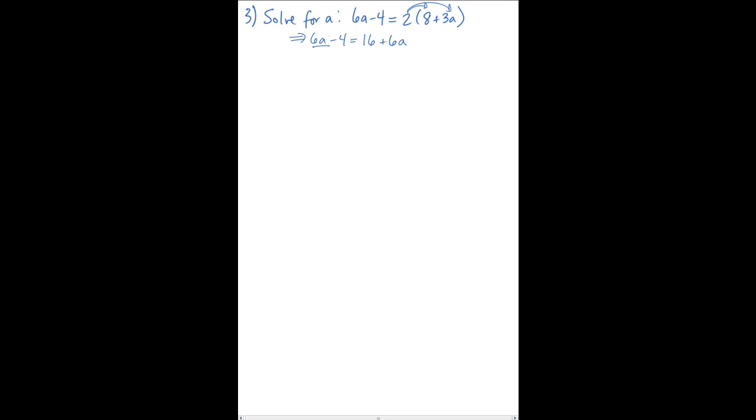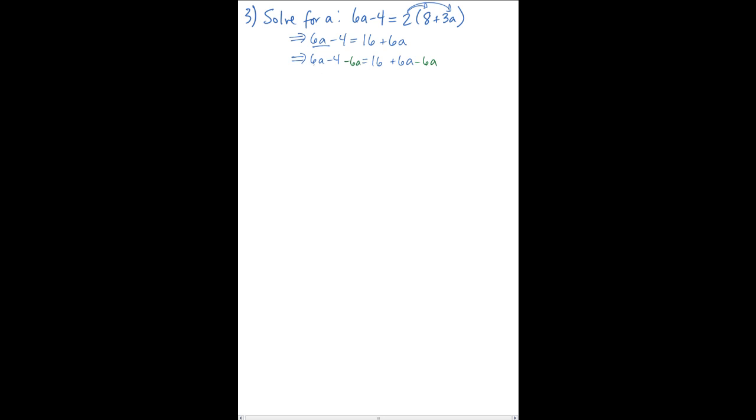So this 6a, what is it doing in the equation? Well, it's being added to negative 4. The negative 4 is what's getting subtracted, so the negative sign goes with the 4. So the 6a itself is being added. So what's the opposite of adding 6a? Subtracting 6a. So I have 6a minus 4 equals 16 plus 6a, and I can go ahead and subtract 6a from both sides.